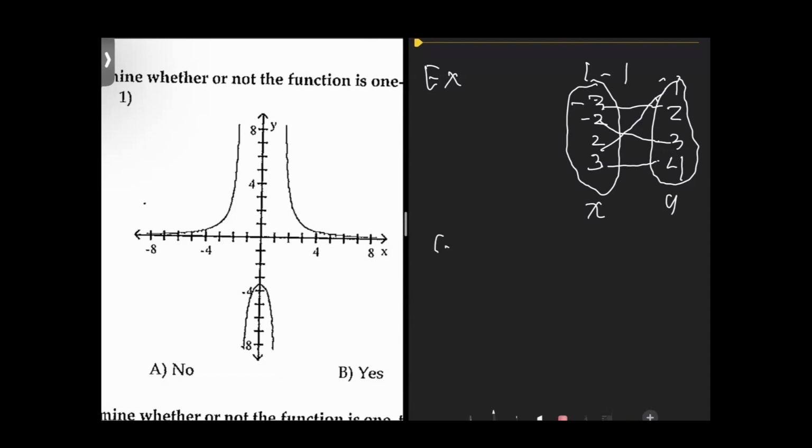We can have -3, comma, where's -3 heading? -3, comma 2. Another point we can have is -2, comma 3.